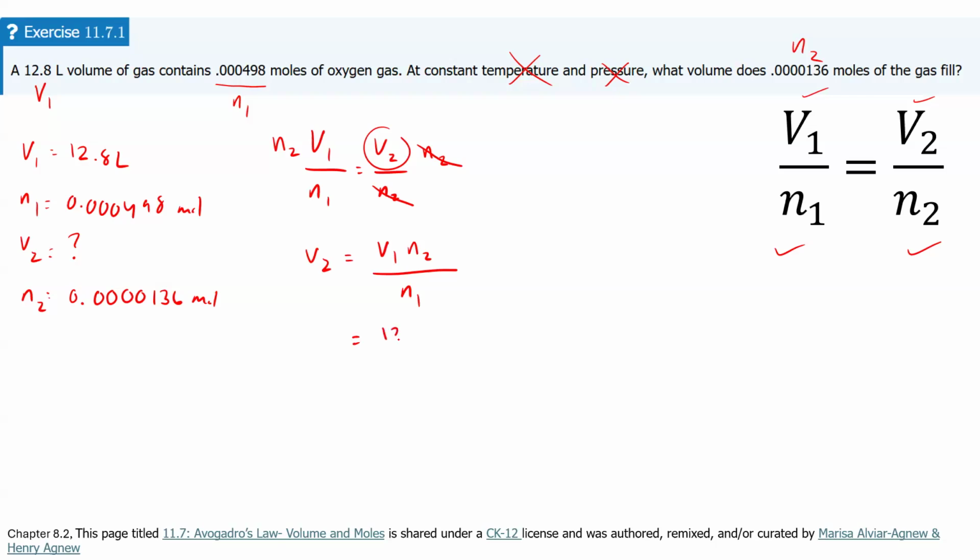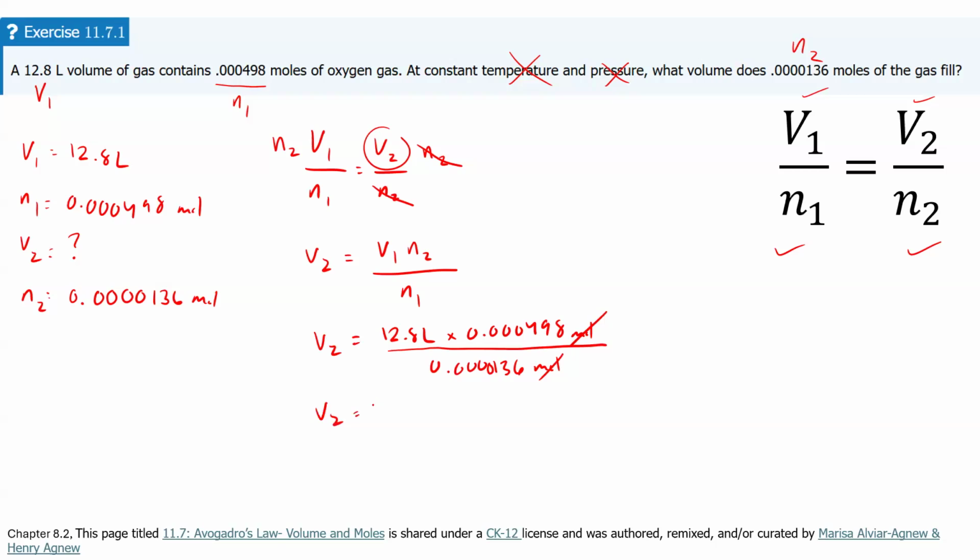Plug it in, 12.8 liters times 0.000498 moles over 0.0000136, sorry, I'm missing a zero. 4 zeros, 136 moles. Moles cancel out. And so let's finish this up.